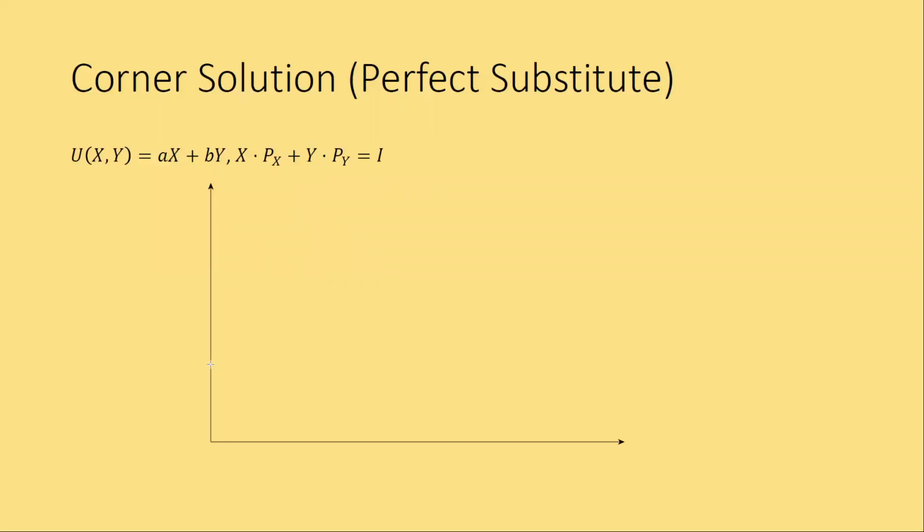Let's say the budget line is like this, and the indifference curves are steeper than the budget line, which looks like this. And the indifference curves are parallel to each other. All right, I've drawn 5 indifference curves.